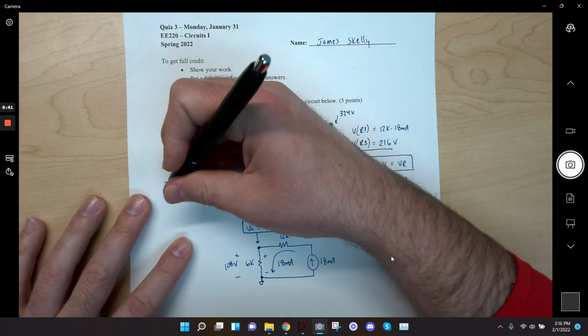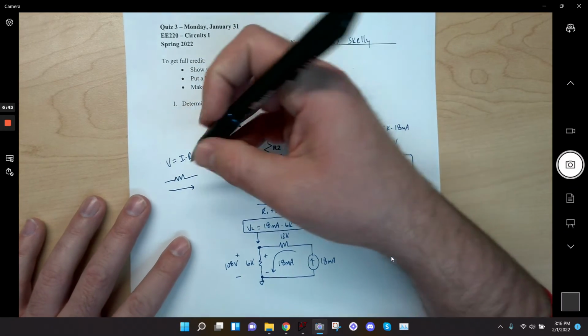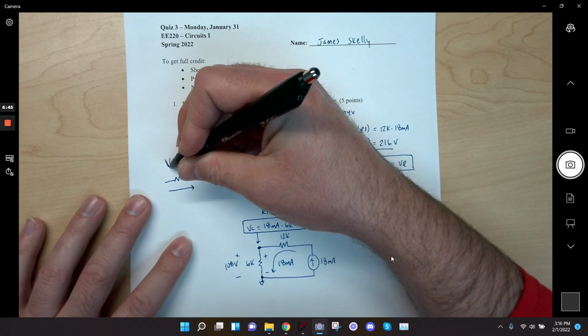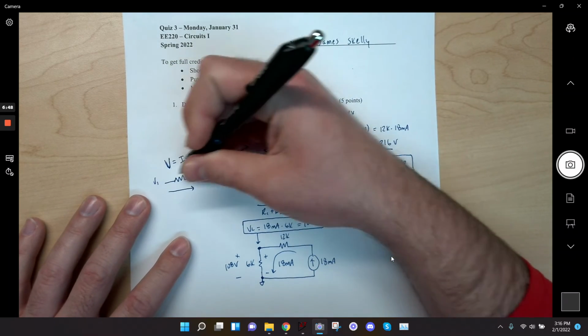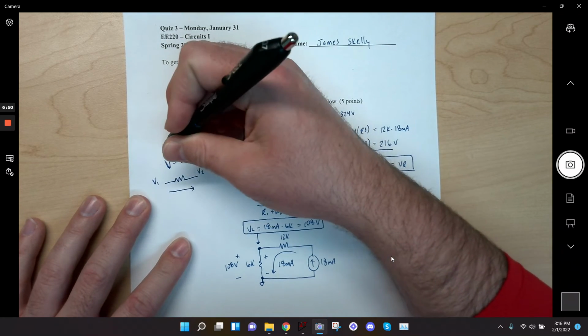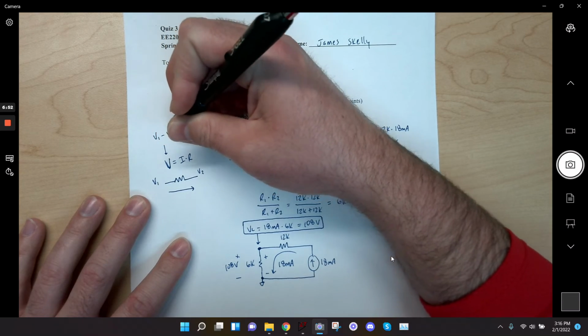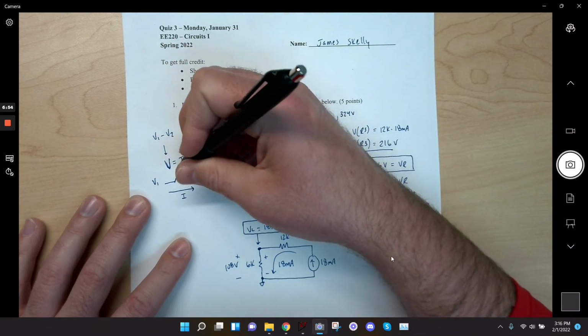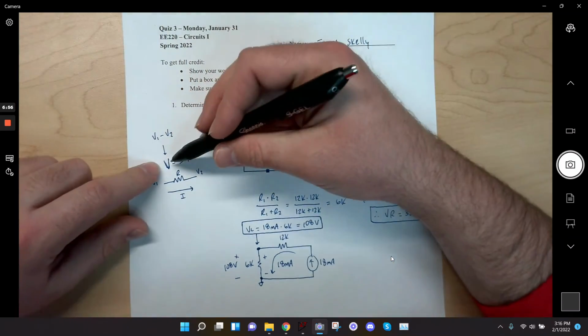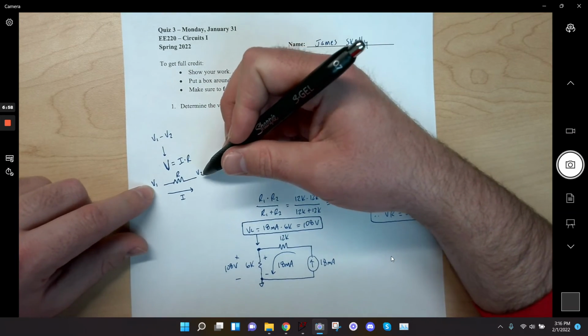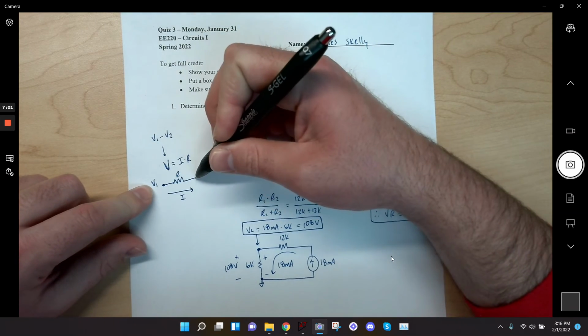And what it's telling you, if I have the current flowing here, is that voltage, right? Remember when we do this, if this is V1 and this is V2, this V right here is V1 minus V2, if this is I and this is R. So that's telling me the voltage difference between this voltage and this voltage.